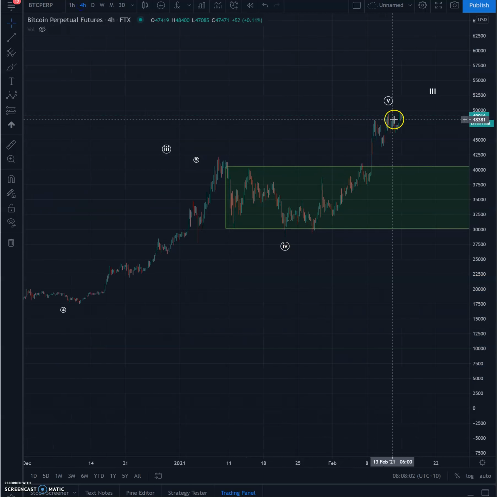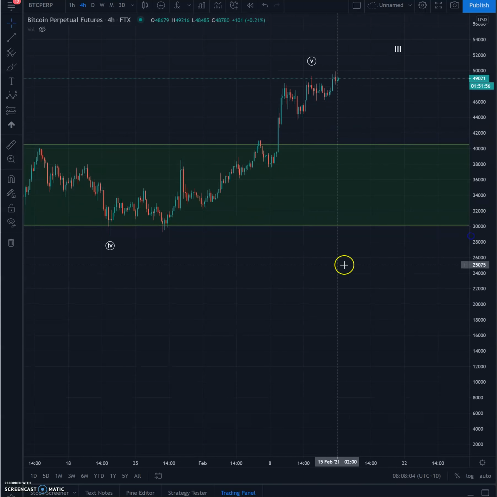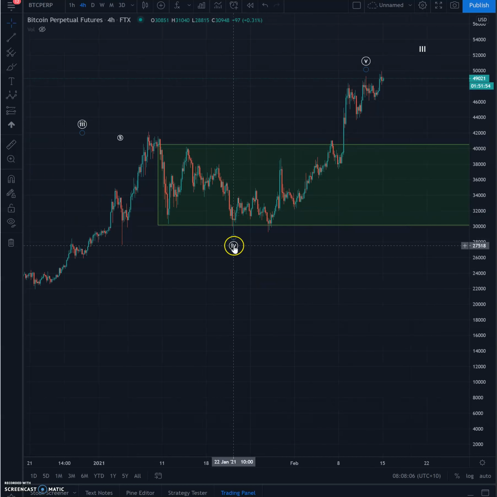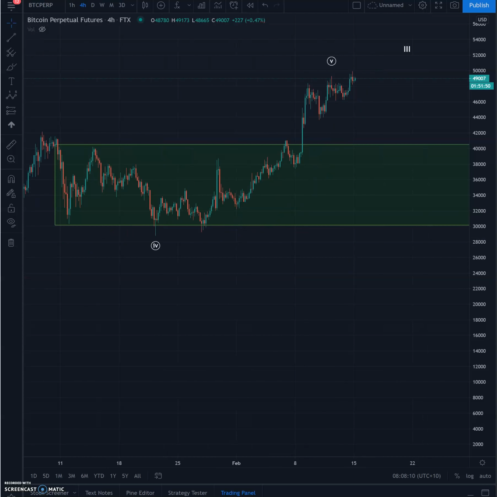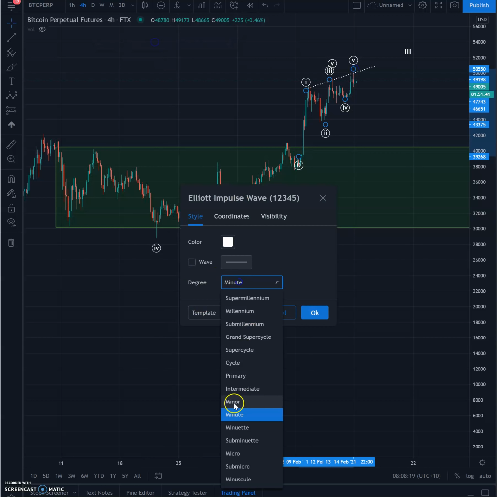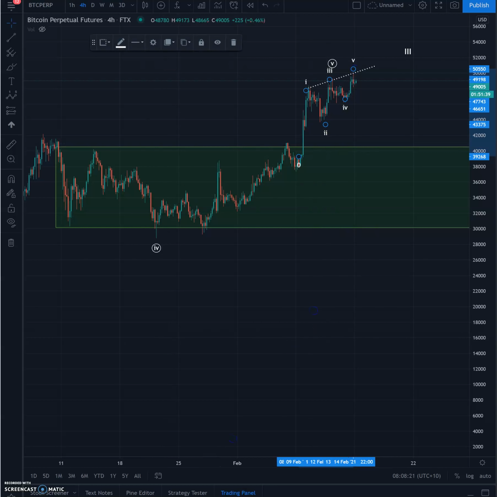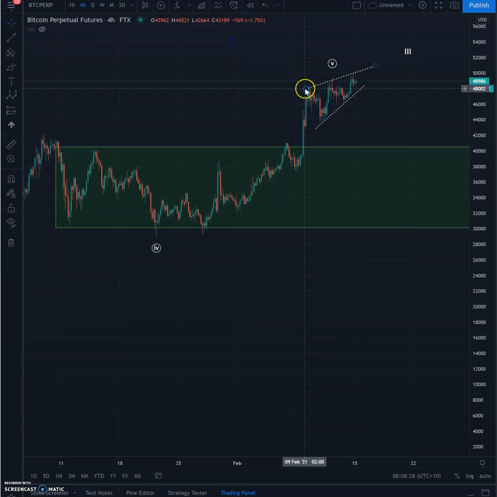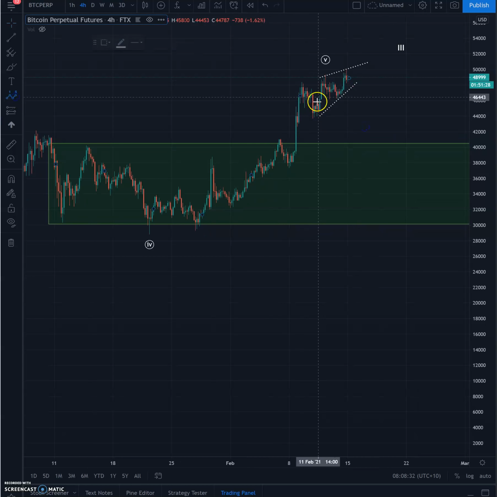Like I said in the last update, I'm not entirely sure how to count this structure from these lows on the January 22, but it does look like we're in some kind of ending diagonal. Whether this is the one, two, three, four, five of the diagonal, like this, and we're in the wave five now, or whether it starts from here, which would make us still have a head for another.